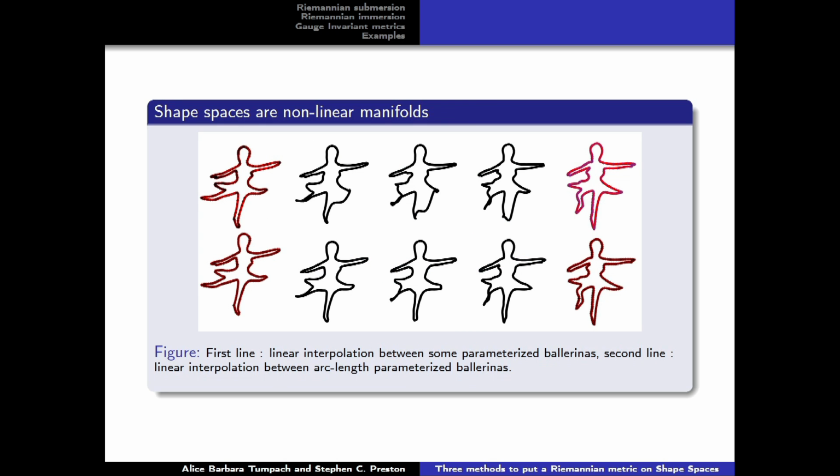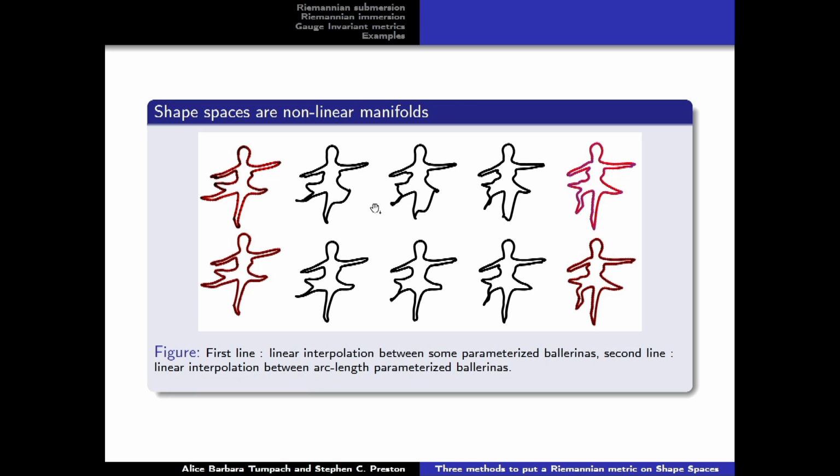You probably know that shape spaces are nonlinear manifolds. What does it mean? It means that if you start with an arbitrary parameterization of the ballerina here, and interpolate linearly between this red one and this other one, you compute linearly, meaning that you deform your ballerina from this shape to the end shape here, just by moving linearly the points.